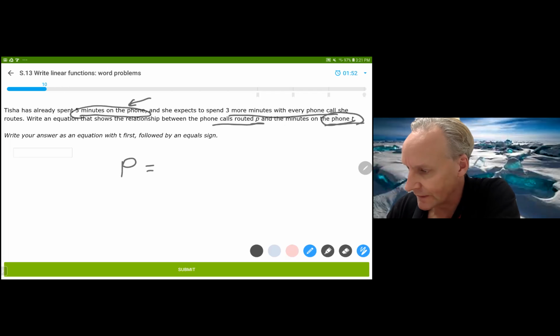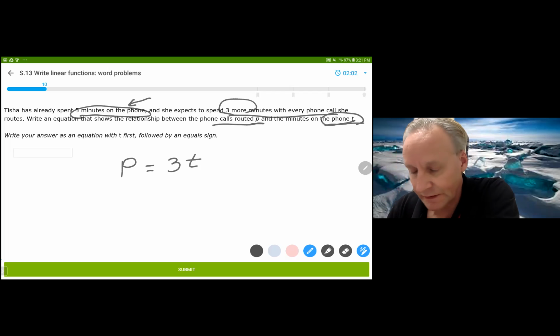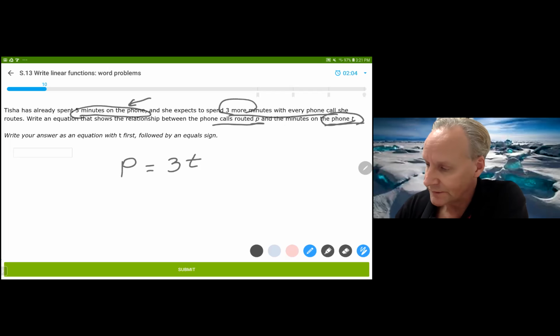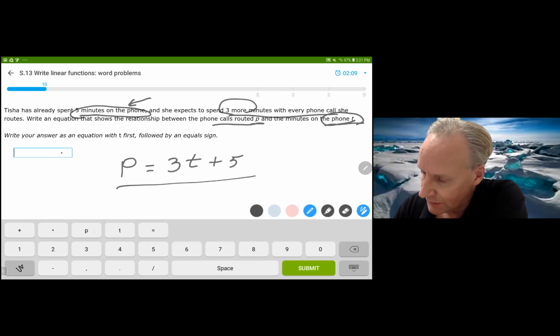Sorry, it's a little hard to read there. And 3 for every phone call she routes. So it's 3 minutes for each phone call. And T is the minutes, the time on the phone call, plus 5, the 5 original minutes that she started with. So it's going to be P equals 3T plus 5.